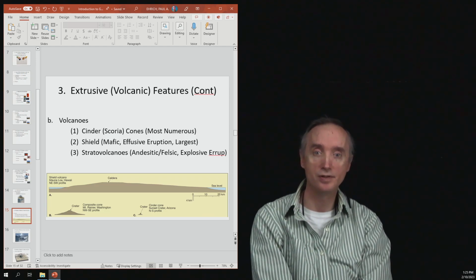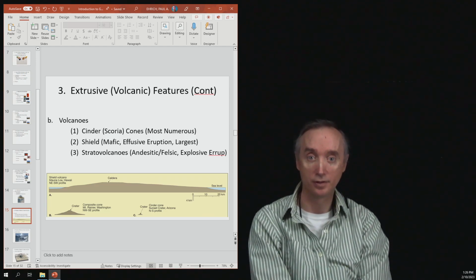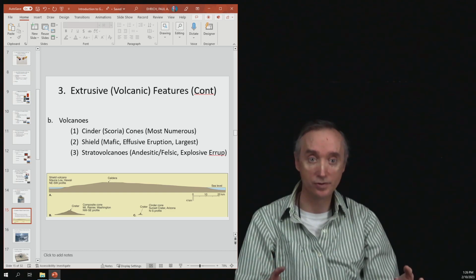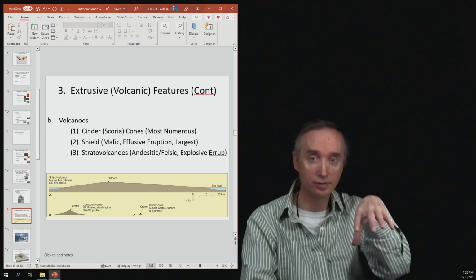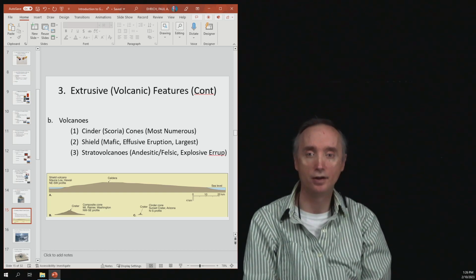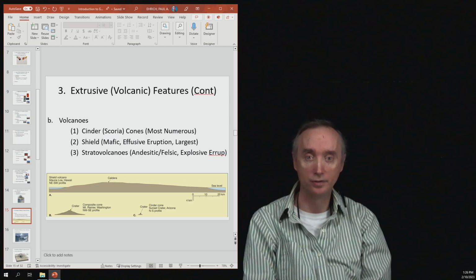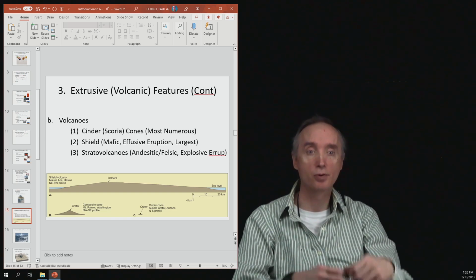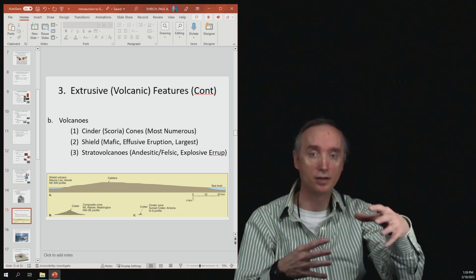So we could also call these things scoria cones. So scoria is this mafic material that has gas holes in it, and it comes out of these cinder cones and it piles up around it. And so you generally don't get a whole lot of lava coming out with it. So it's just a bunch of cinders, scoria, that is spraying out of the volcano, and it collects around the outside of it.